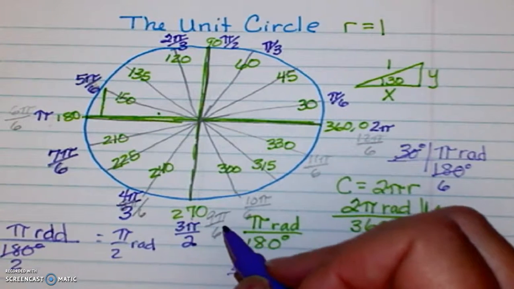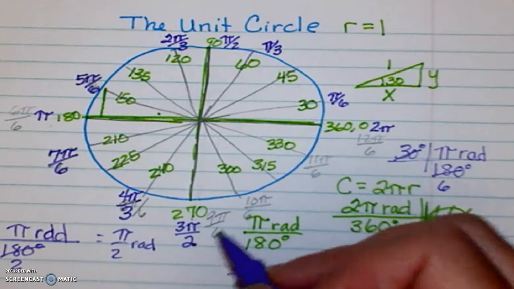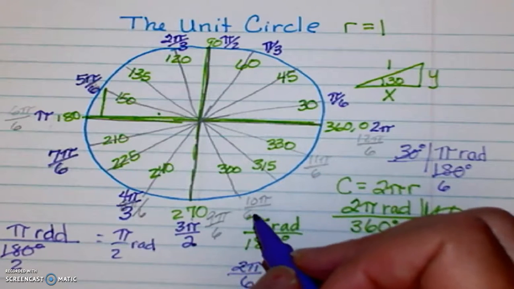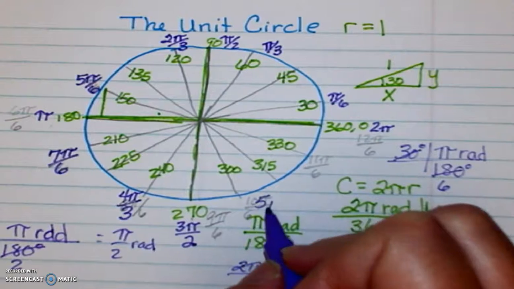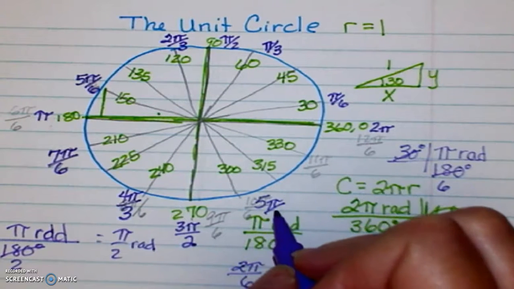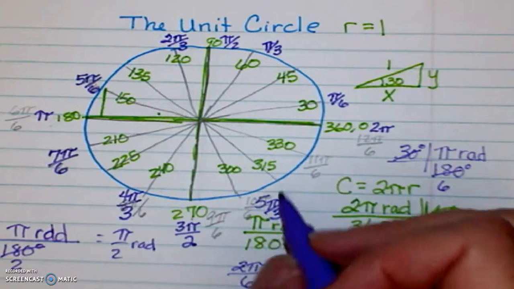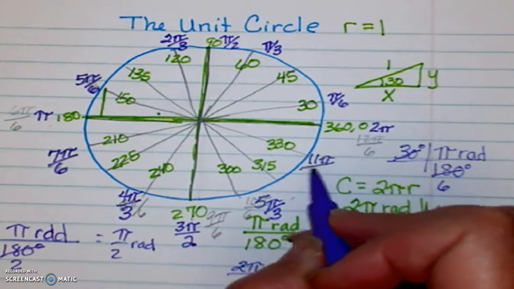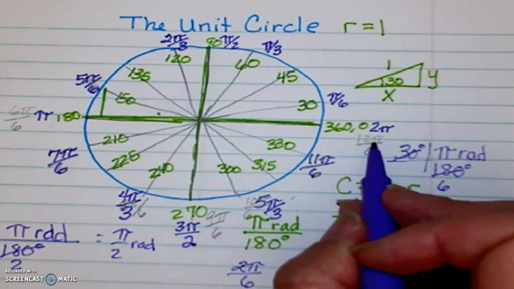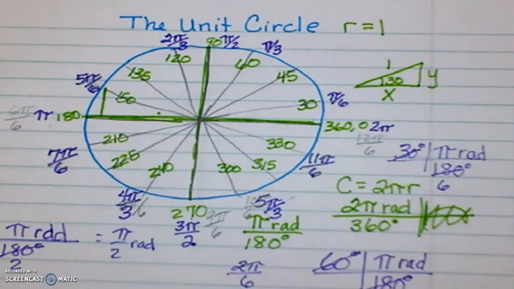Then you have 9 pi over 6, and 9/6 is the same thing as 3/2. 10 pi over 6 reduces to 5 pi over 3. Then 11 pi over 6, and then 12 pi over 6. 12 over 6 is 2, so you get to 2 pi.